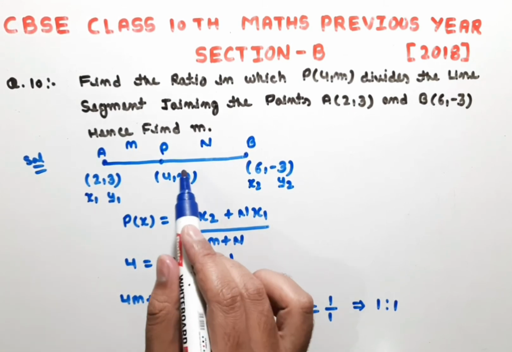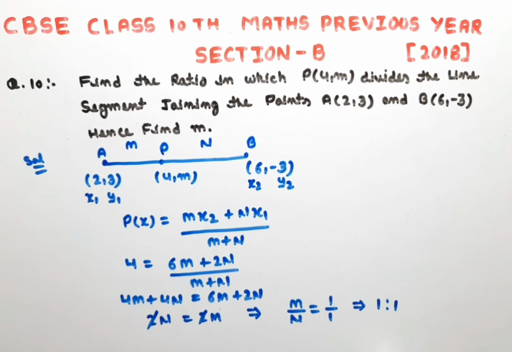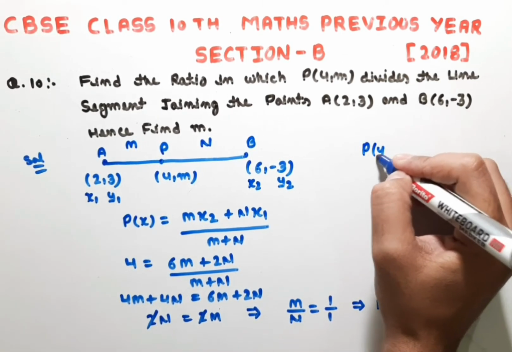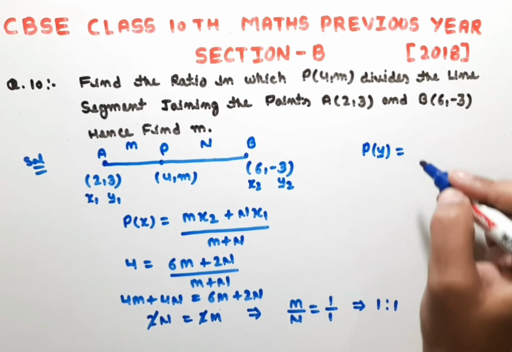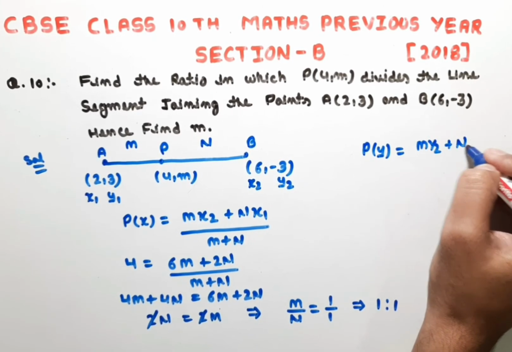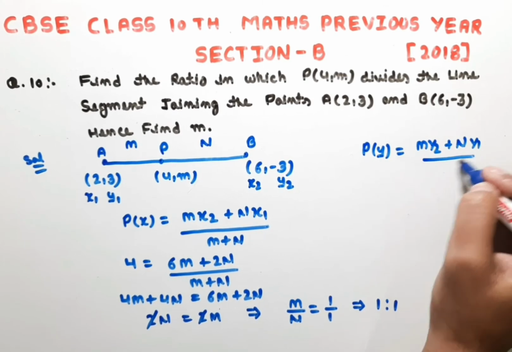Now we have to find the value of small m, that is the y coordinate of P. So we know that Py is given by m y2 plus n y1 upon m plus n.